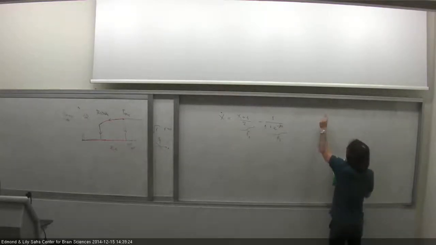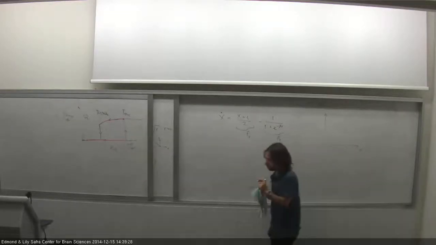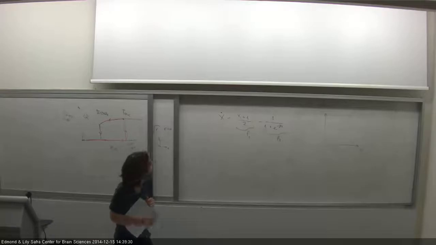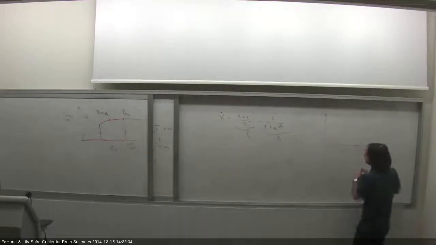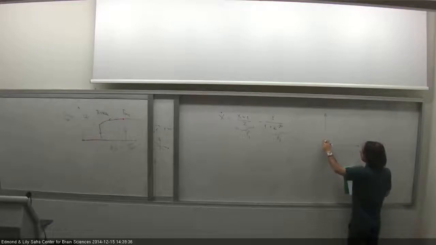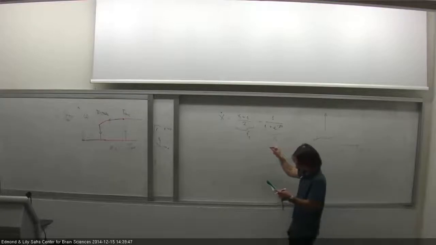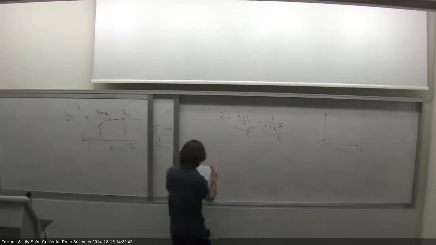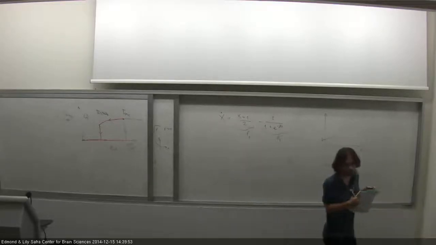So the first one, this linear function, intersects the ordinates at 1/2 and has a slope of 1/2. This is my linear function. The second function, well, its shape will depend on beta. This is a sigmoid, okay?